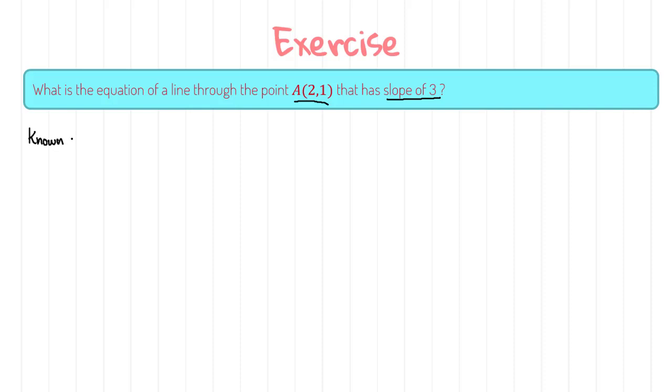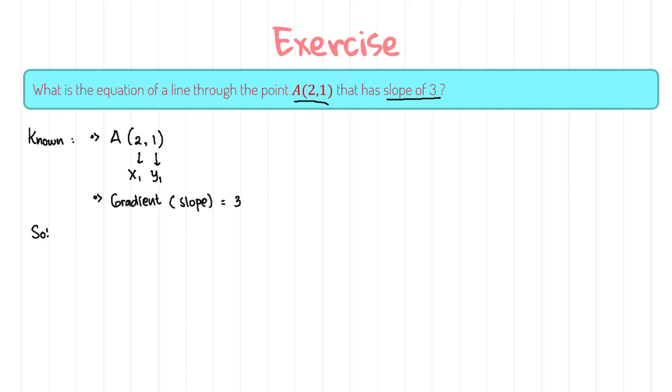And you have to write all of the known of the question. So the known there are, first known, that the point have a coordinate (2, 1). 2 is for the x1 and 1 for the y1. And then the next known is this line has slope of 3, or we can say the gradient of this line is equal 3.